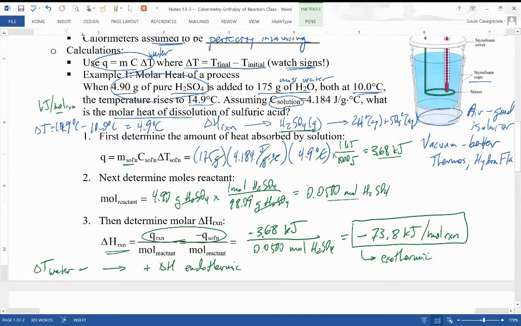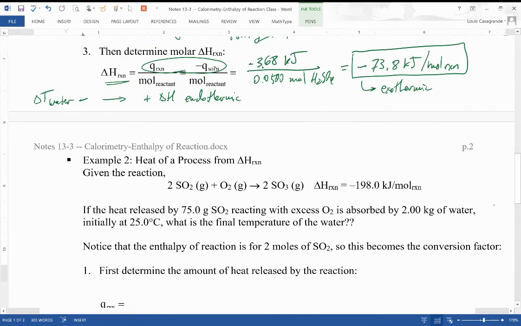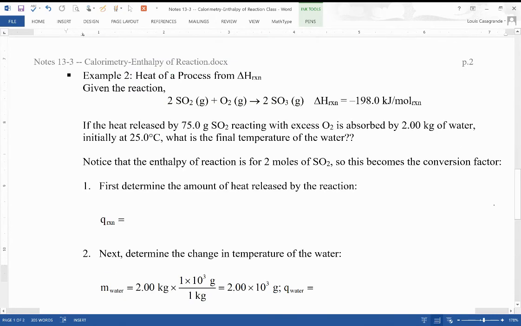So we can use the change in temperature to find out what the delta H is. We can also turn that around, and we can use the delta H and the energy released to find out what the temperature change is going to be for a particular process.